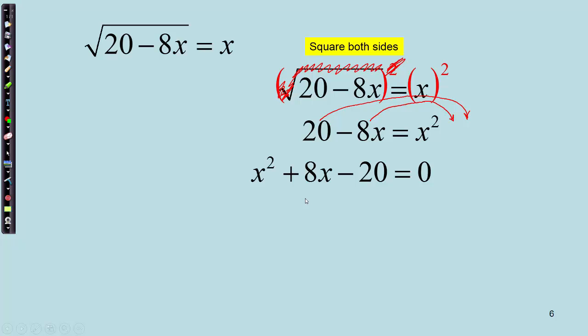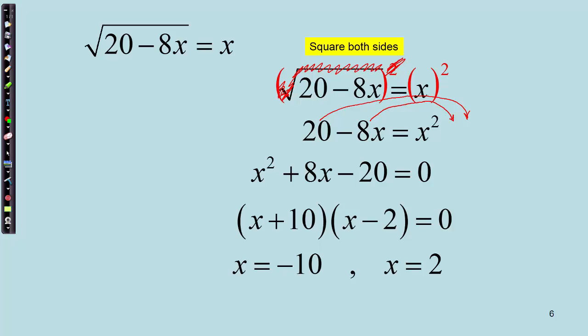Now we factor. I'll do this quickly since we've already done lots of these. x plus 10, x minus 2. We set each of those equal to 0, and we get x equals negative 10 and x equals positive 2. Now, solving square root equations, we really need to check our answers. So let's take the negative 10 and see what we get.